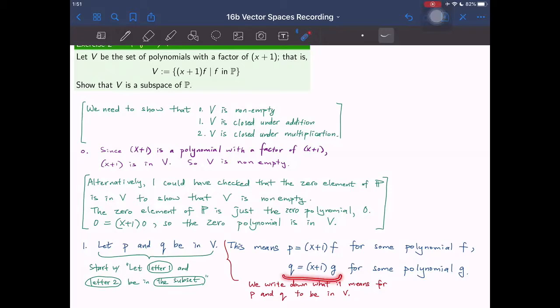And for Q to be in V means that Q is equal to x plus 1 times some polynomial g. Here I have to choose different letters because P and Q might be different elements.